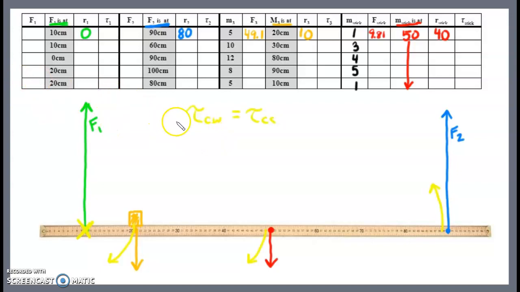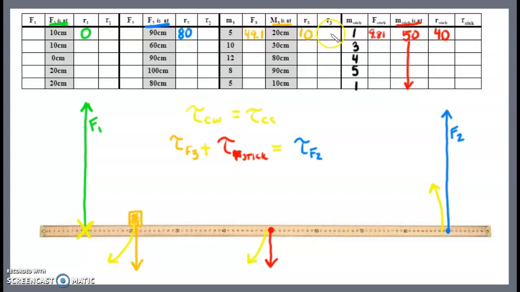So what I have is the torque of F3 plus the torque of M stick, or I guess I should call this F stick, is going to be equal to the torque of F2, the one acting counterclockwise.